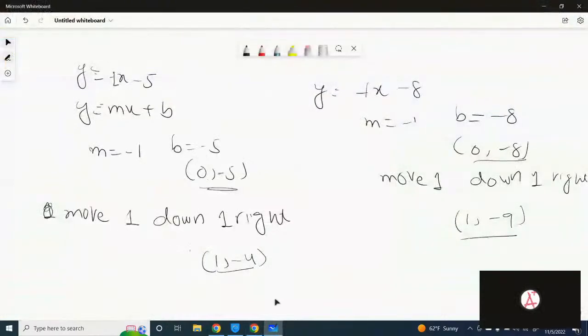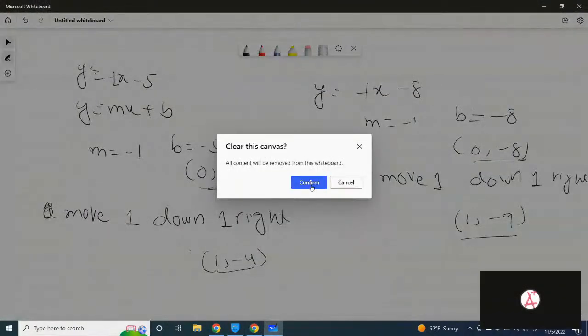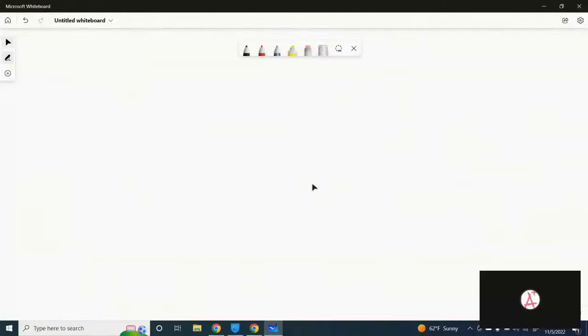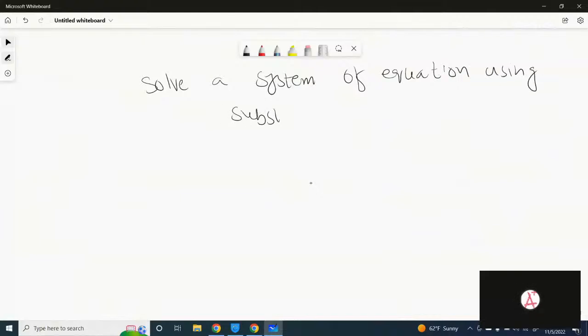The lesson name is solve a system of equations using substitution method.